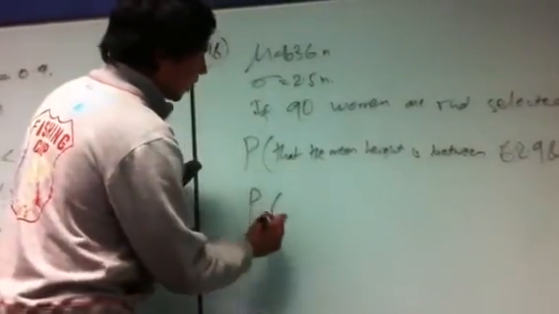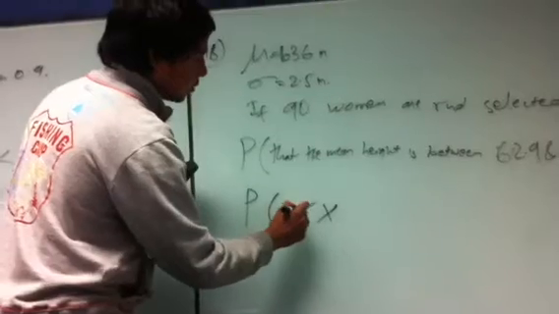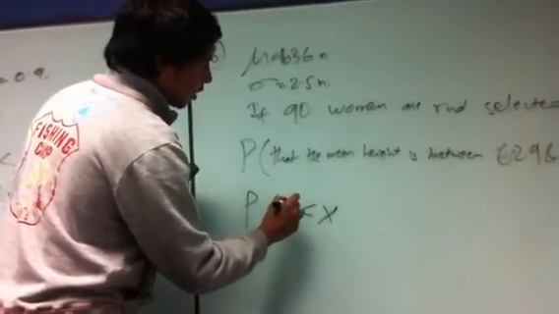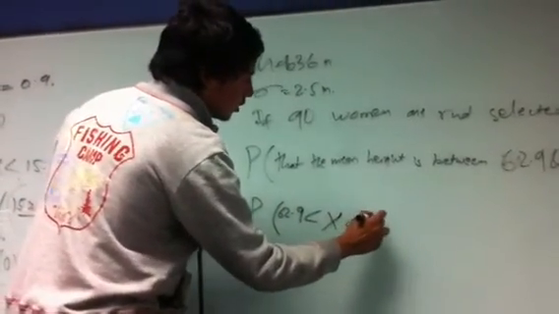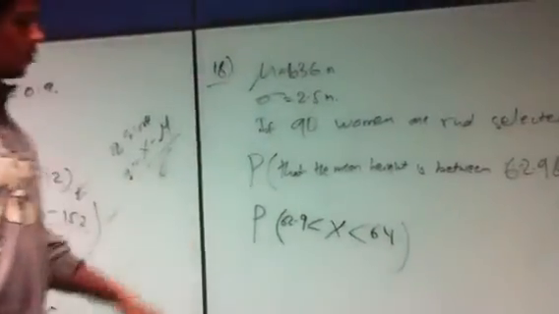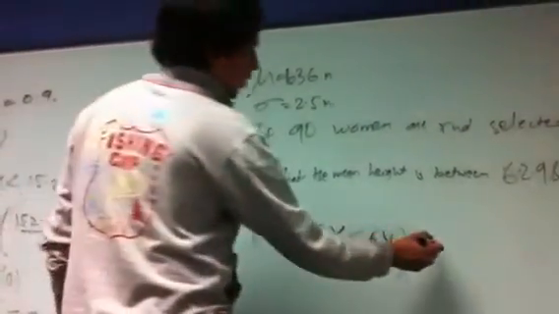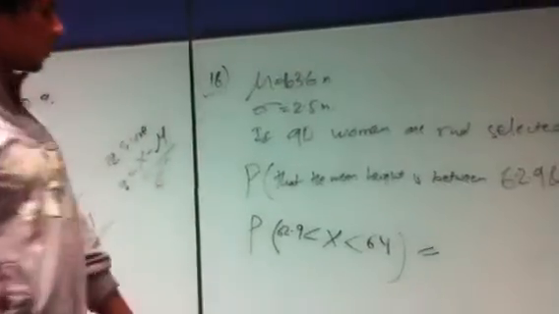It's saying to find your mean height between 62.9 and 64. So in this case, what do you do? But these are not the Z-scores though. You remember when they give you mu and sigma, right?